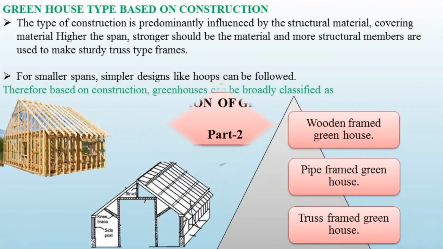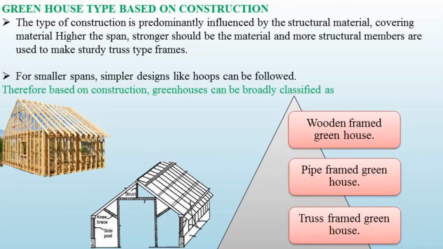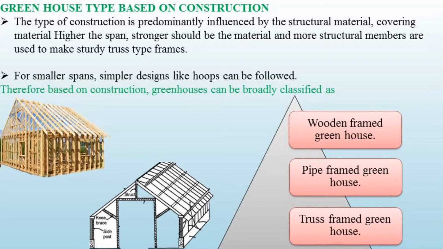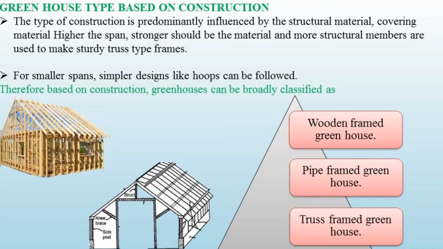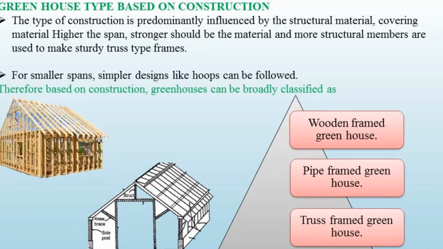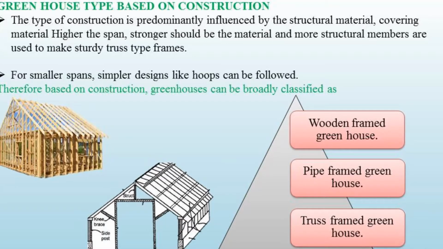The third type of classification of greenhouse is greenhouse type based on construction. The type of construction is predominantly influenced by the structural material and covering material.